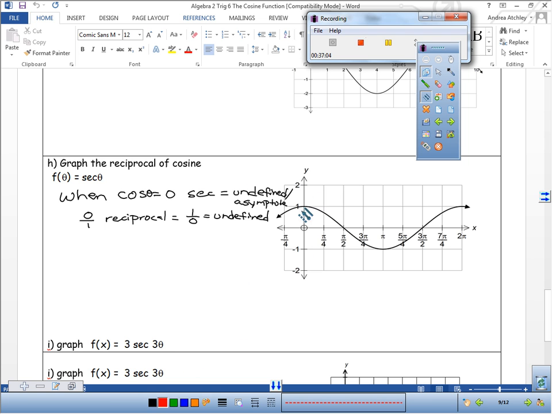Okay, so we're going to graph this. So here, cosine is 0, so there's an asymptote there. And here, cosine is 0, so there's an asymptote there. Any questions over that? And since cosine is just the reciprocal, since this curve goes down, you're going to flip it up. And it's going to go up.